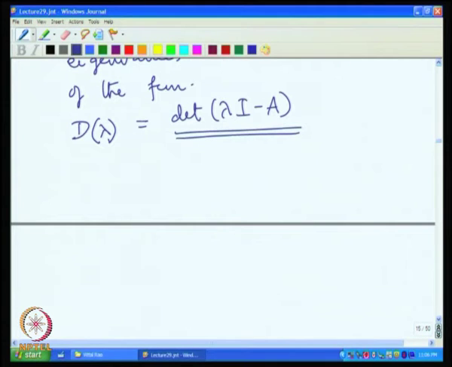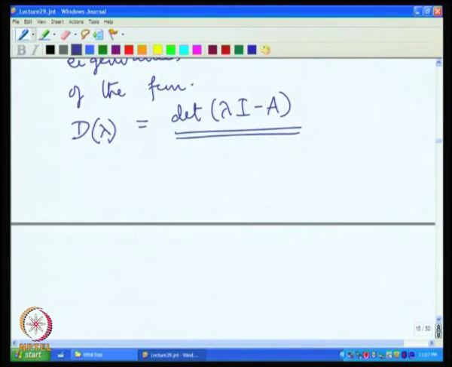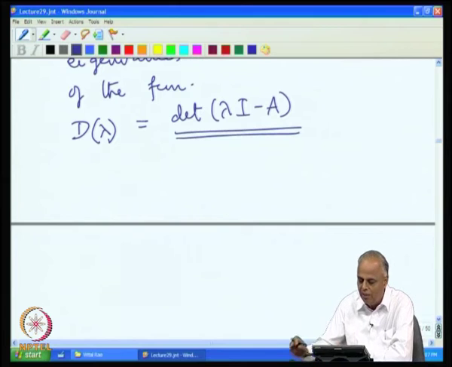Whichever point at which this function becomes 0, that is going to be an eigenvalue. If 4 is a point such that d 4, that is determinant of 4 I minus A, is equal to 0, then automatically 4 must be an eigenvalue.